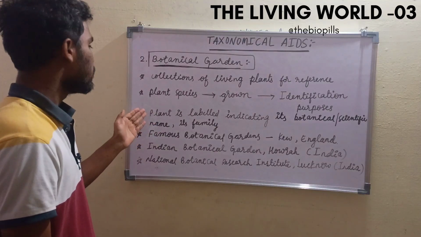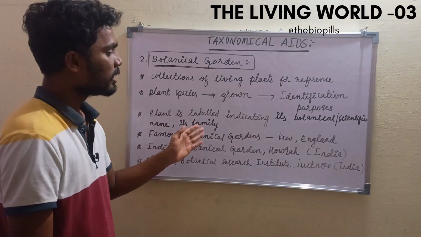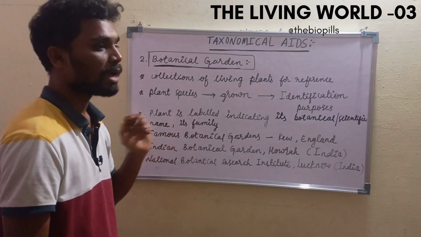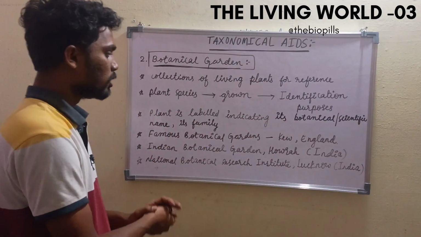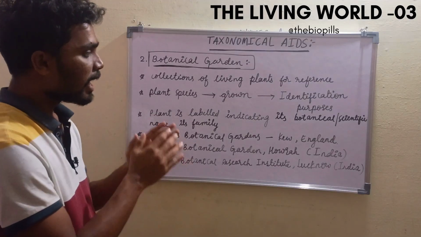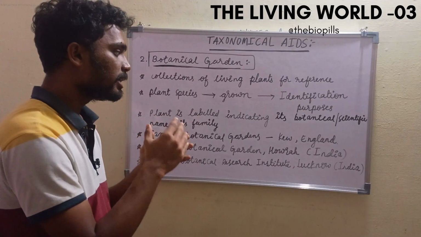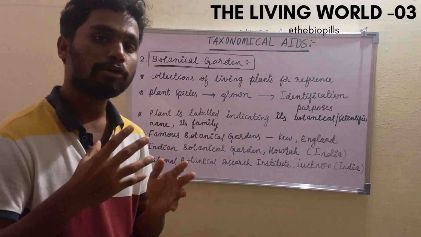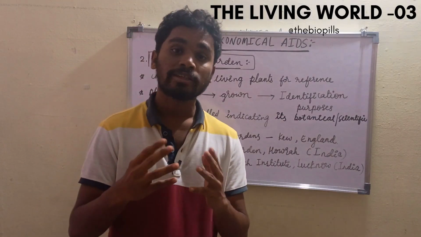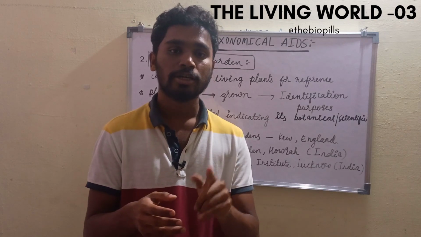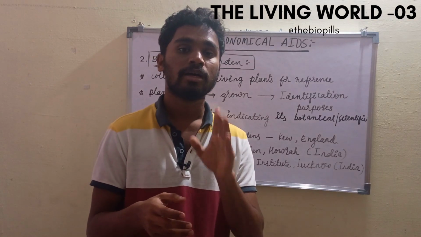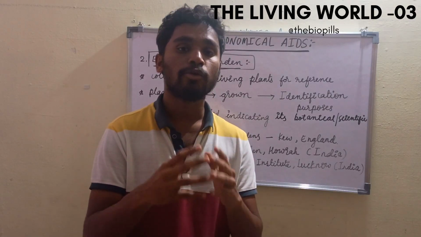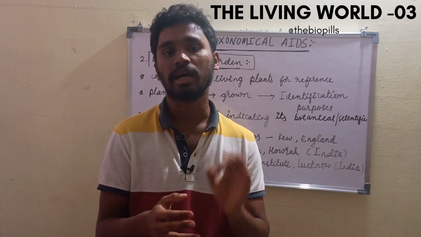In a botanical garden, the plant is labeled indicating its botanical or scientific name and its family. After studying, identifying and classifying into the respective taxonomic hierarchy, we will come to know its botanical or scientific name and its family. So this is the main purpose of studying and growing plant species in a botanical garden.